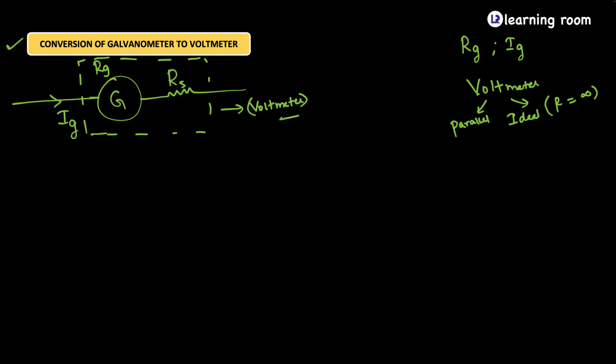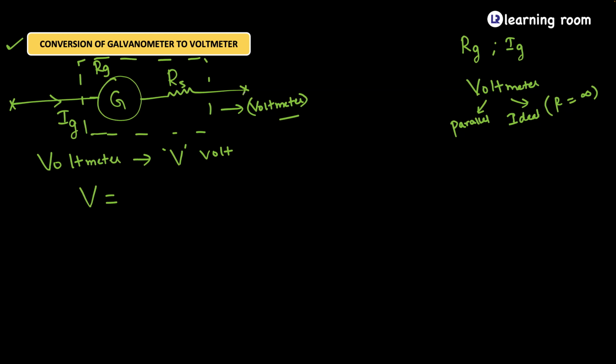So let us say that this voltmeter can measure V volts. Now listen to this carefully. V should be equal to how much? V is the potential drop between this end and this end, because this whole device put together is a voltmeter.